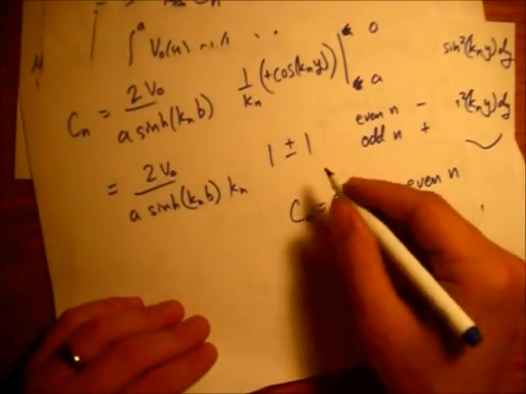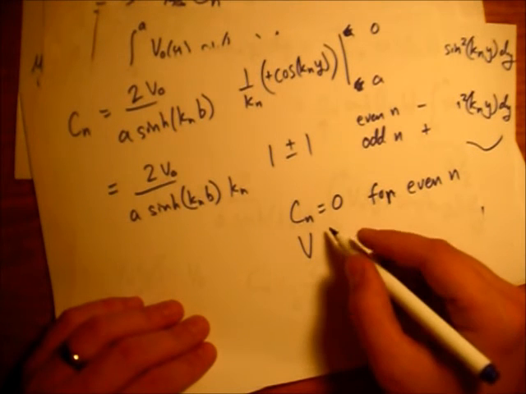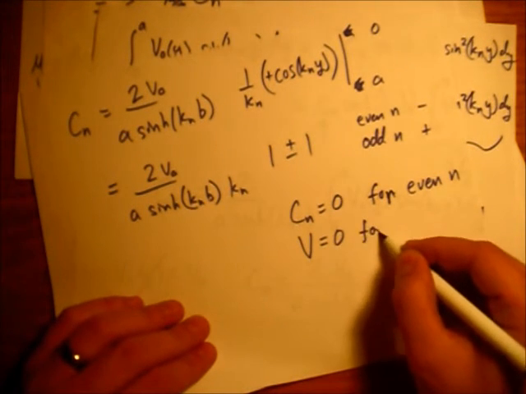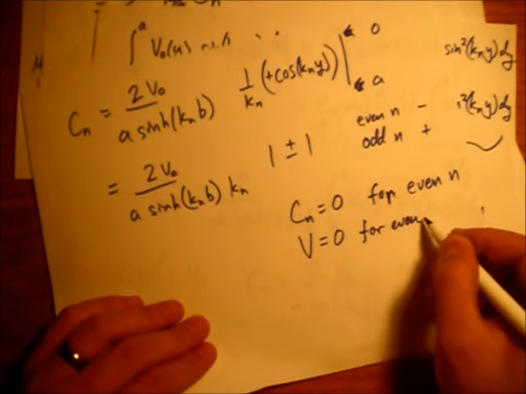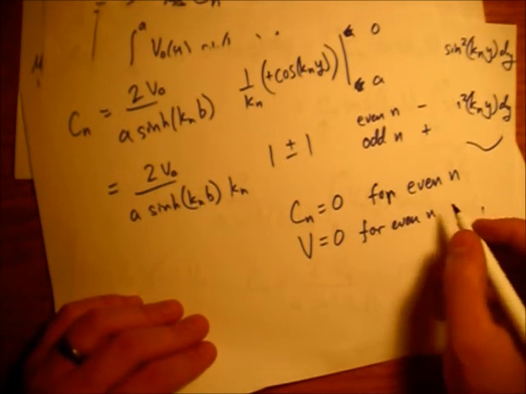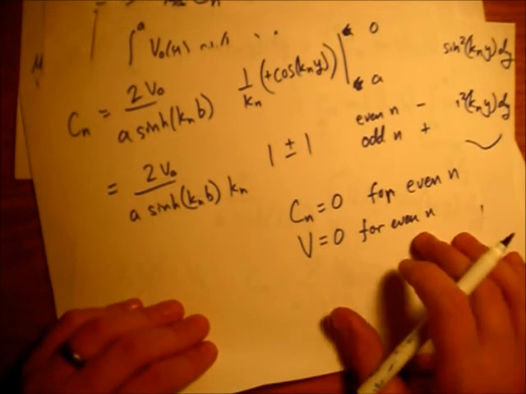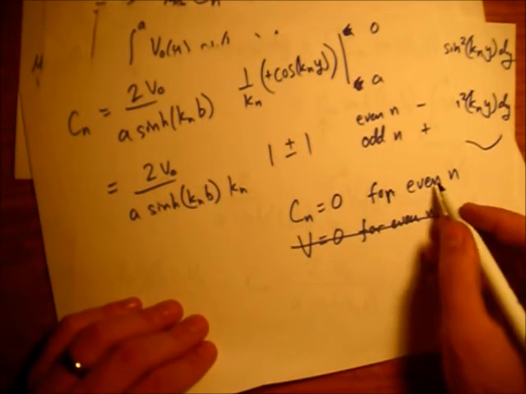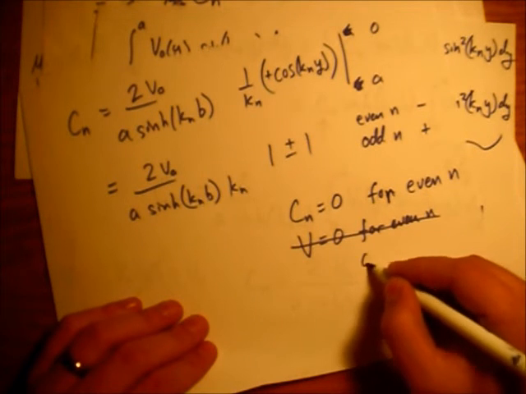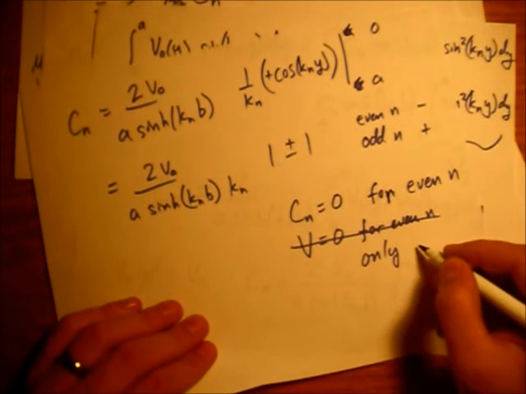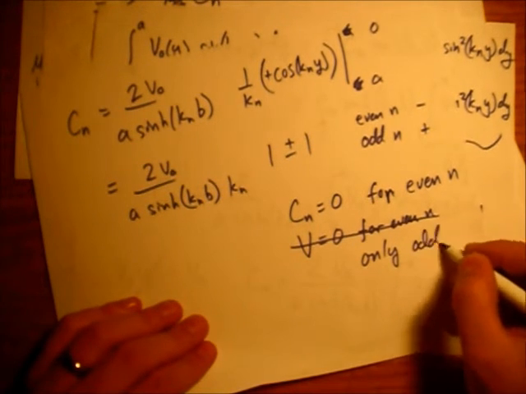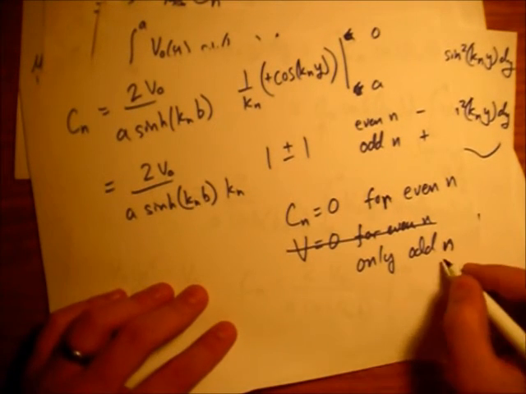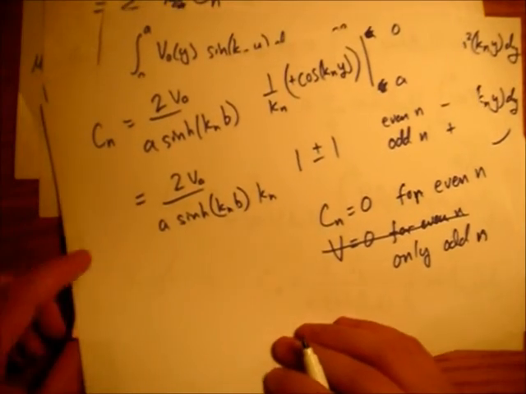So that tells us that V equals 0 for even n. Basically there's only odd terms in our sum. So only odd n in our sum will survive.